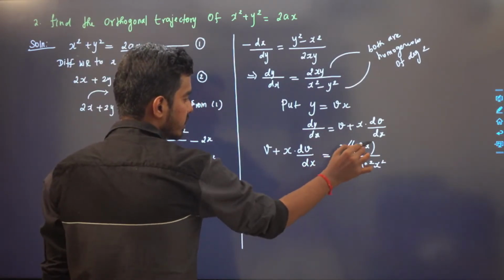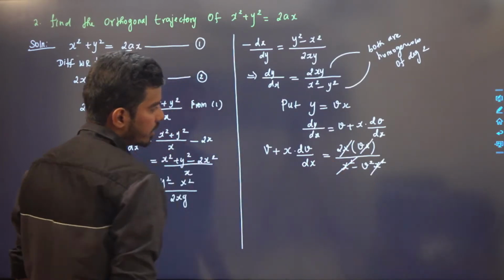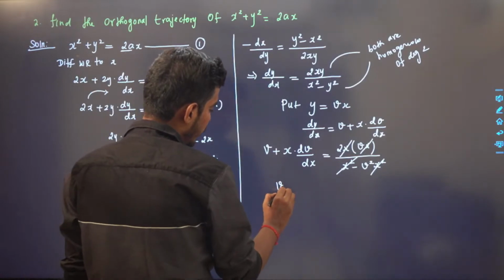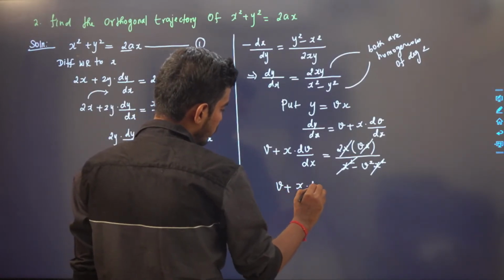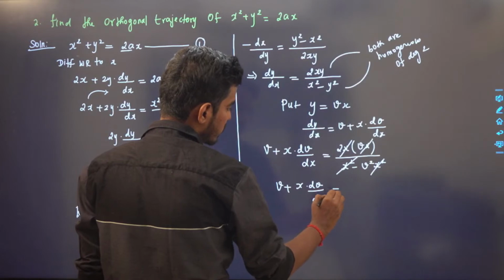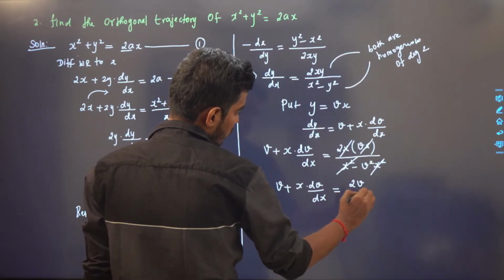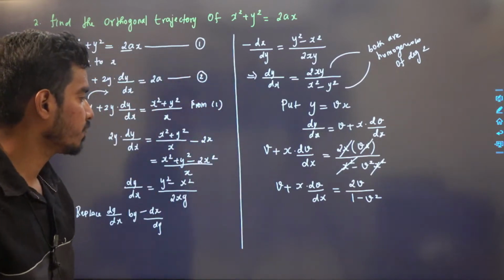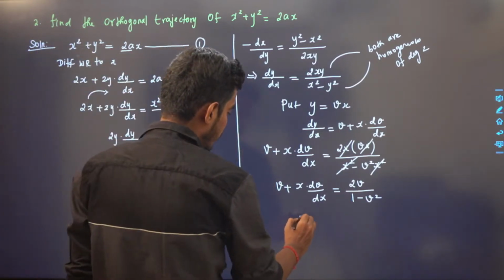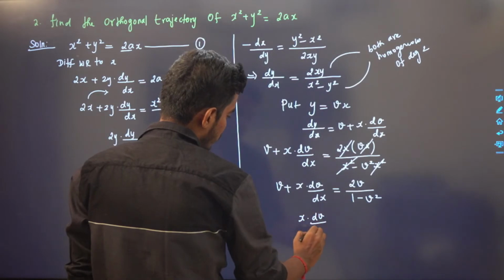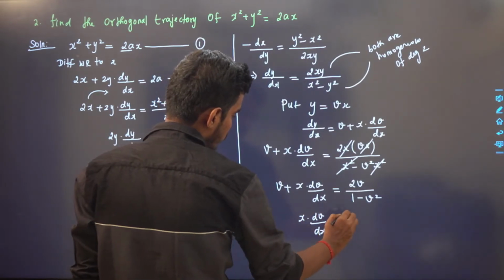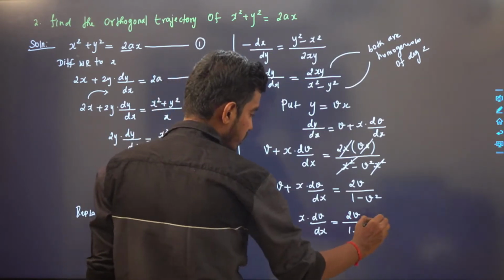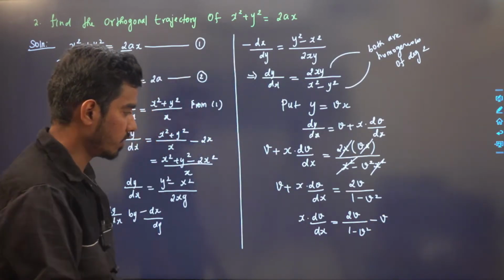So x square, x square, if I take this common, it will get cancelled. So we will have v plus x into dv by dx is equal to 2v divided by 1 minus v square. So we need to solve this equation. We will have x into dv by dx is equal to 2v divided by 1 minus v square minus v, right?